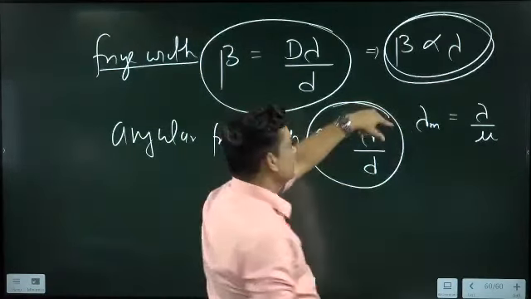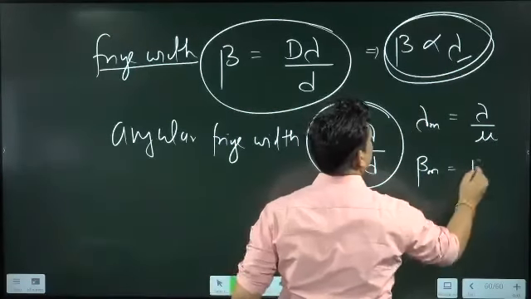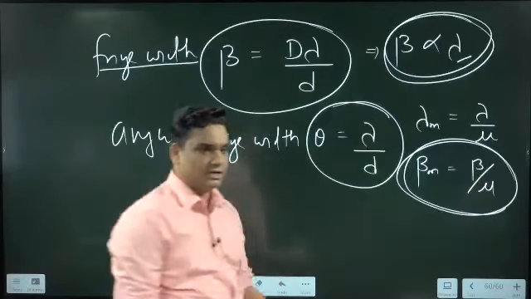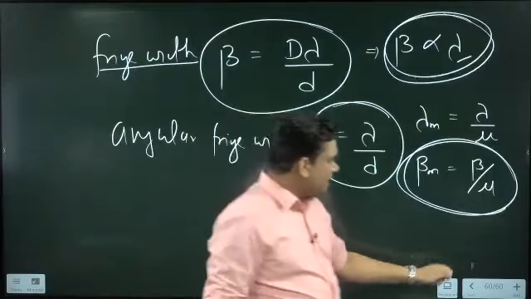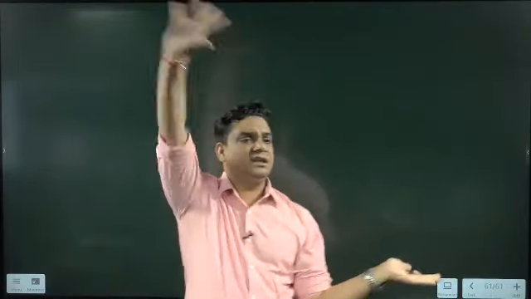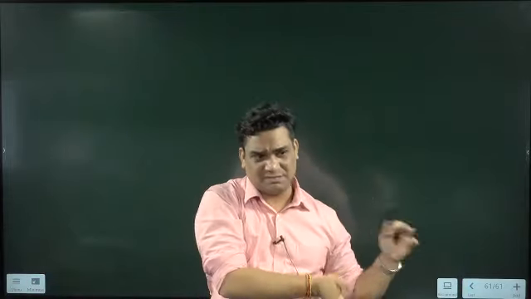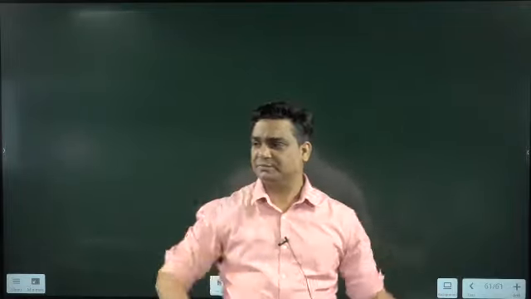So if lambda becomes 1 by mu times, since beta is directly proportional, beta in the medium will be beta by mu. Clear? Next, they can ask, okay, fringe width becomes 10 centimeter, earlier it was 20 centimeter, or something like this. So ultimately we can find mu.